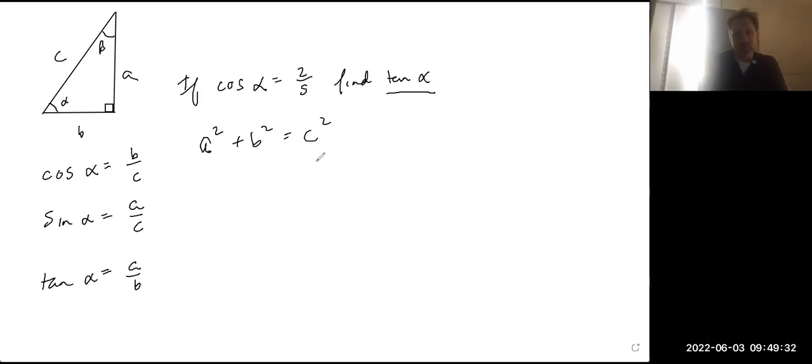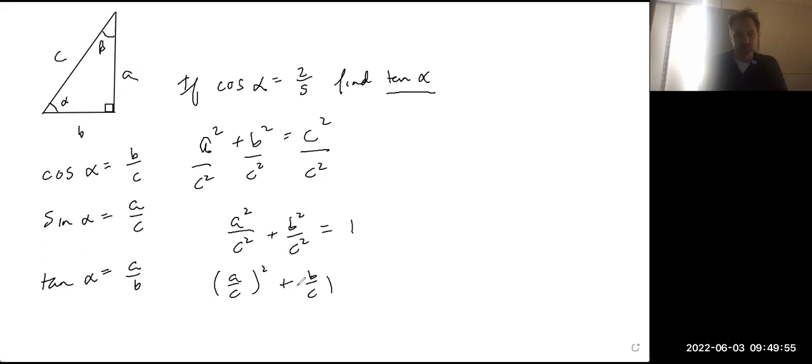So a couple things to point out here. If I divide everything by c squared, just for fun, this is going to be a squared over c squared plus b squared over c squared equals 1. And this leads to the first Pythagorean statement in trig language, which is that (a over c) squared plus (b over c) squared is equal to 1. In other words, sine alpha squared plus cosine alpha squared equals 1.